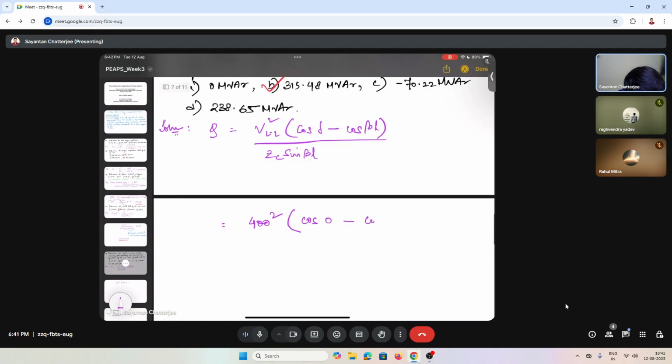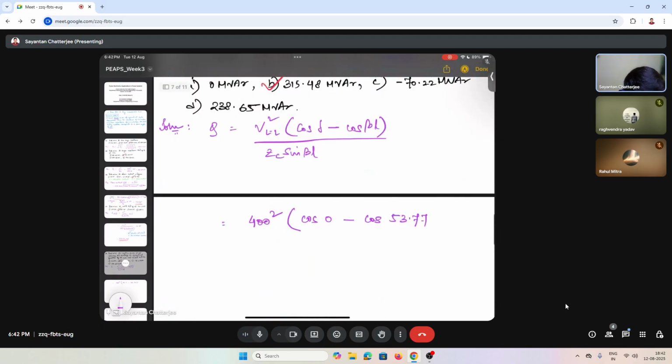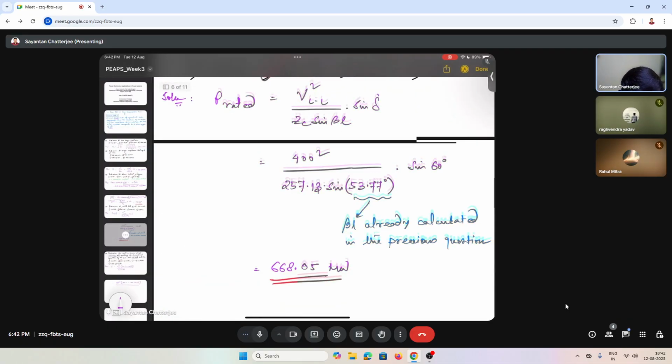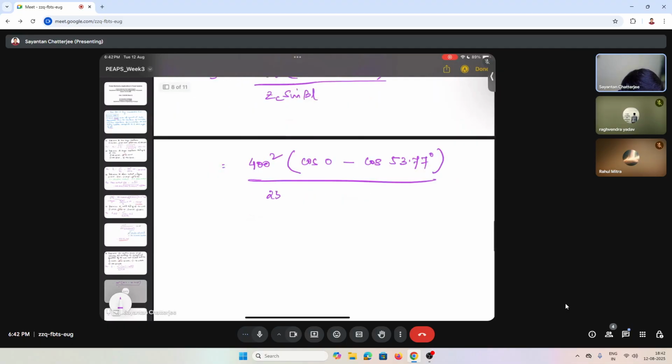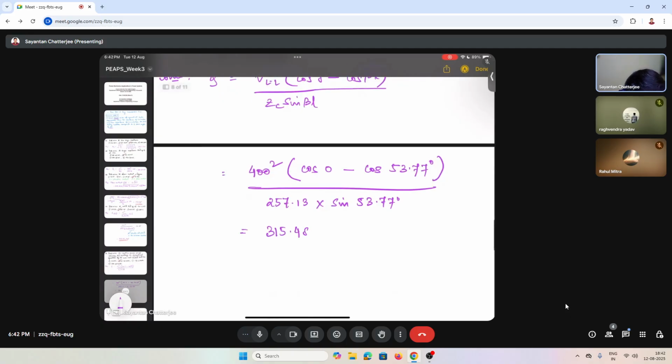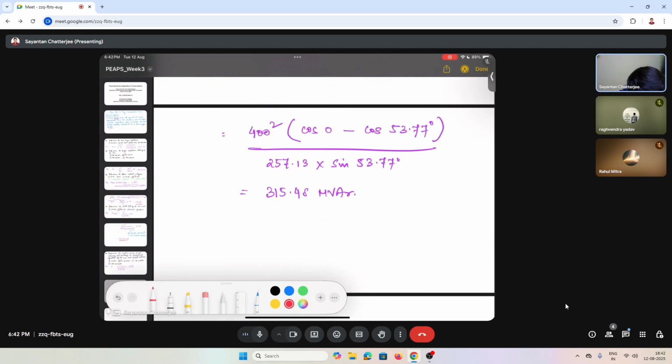And cos beta L we already have calculated, 53.77, and ZC we already have calculated, 257.13, and sin beta L is sin 53.77. If you solve this, you will get the value of 302.4.